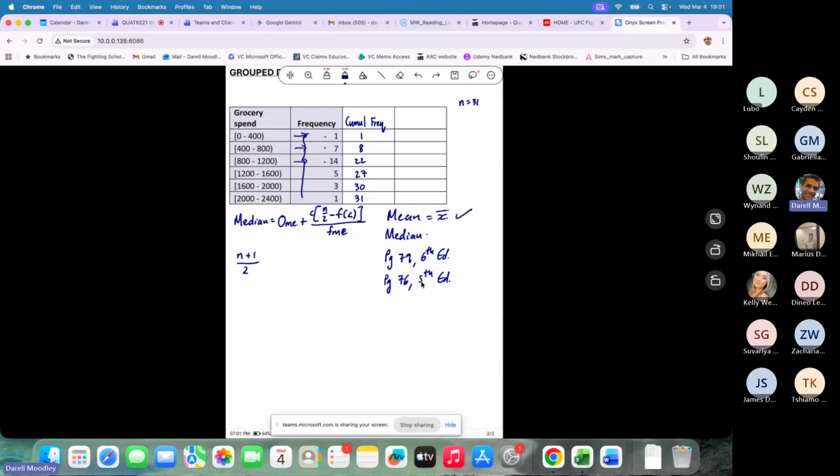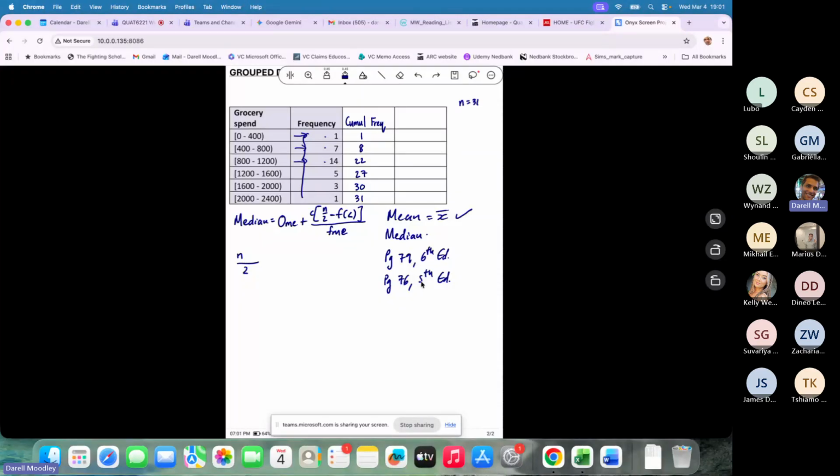Unfortunately, the formula is slightly different. It should be consistent, but it's not my choice. Some methods prefer a different formula for group data. So instead of the plus 1, it's just N over 2. We remove the plus 1.